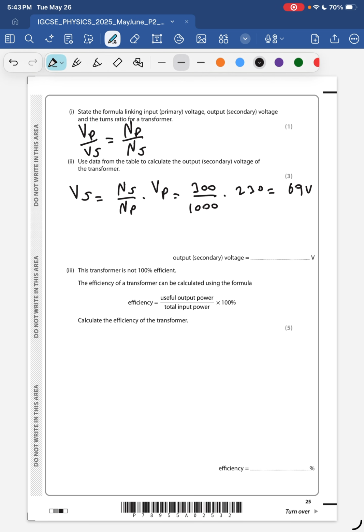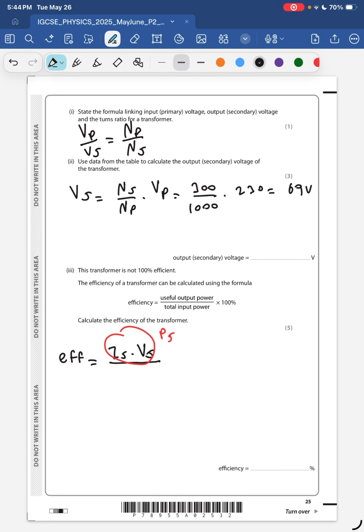Question 3, the transformer is not 100% efficient. The efficiency of a transformer can be calculated using the formula useful output over total input times 100%. Calculate the efficiency. The useful power is the current in the secondary coil times the voltage in the secondary coil. This is what they call the power in the secondary coil, or the useful power.